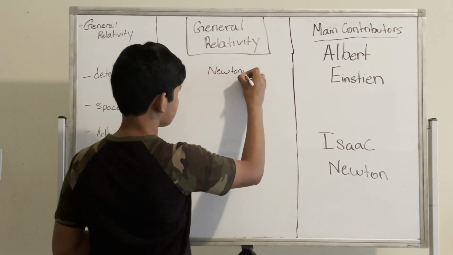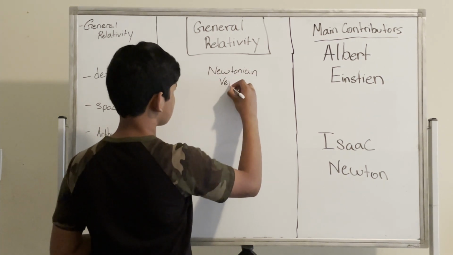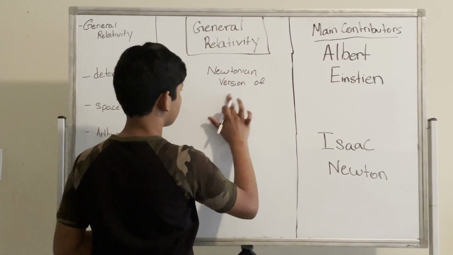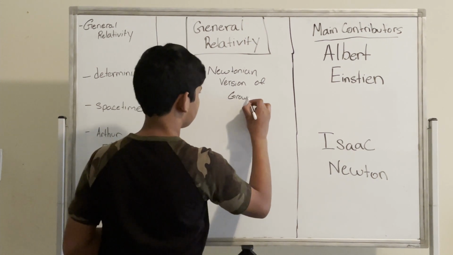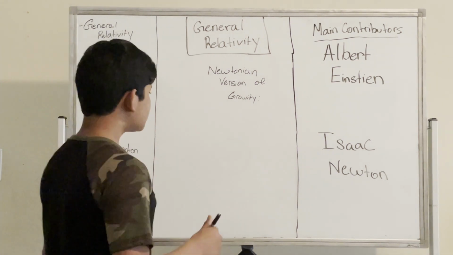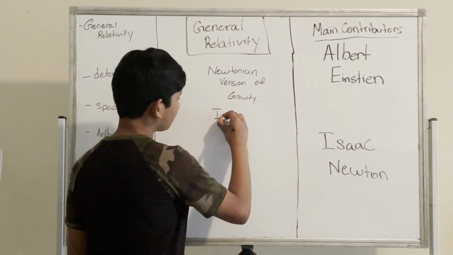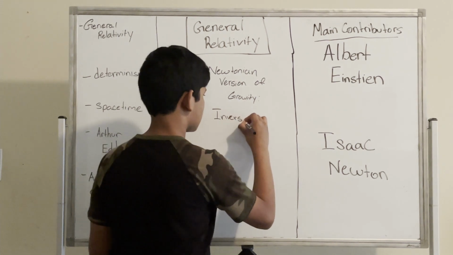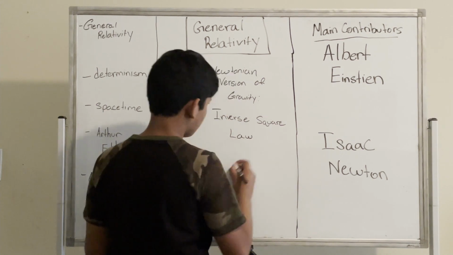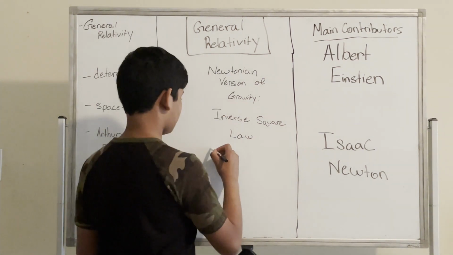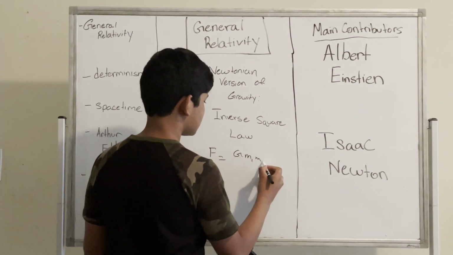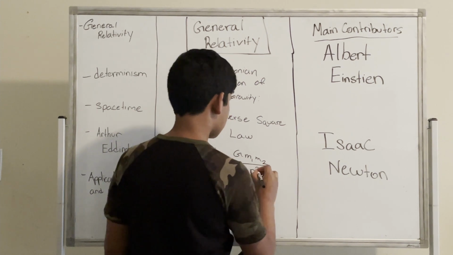The Newtonian version of gravity. So we first have to talk about the inverse square law, which states that F is equal to G times M1 times M2 all over R squared.